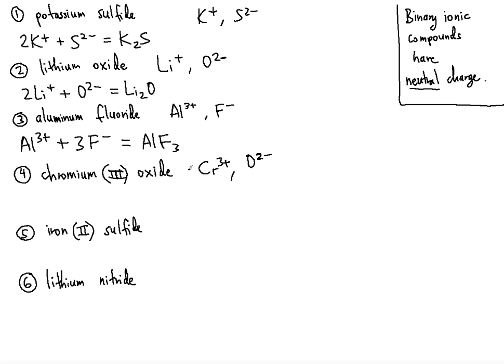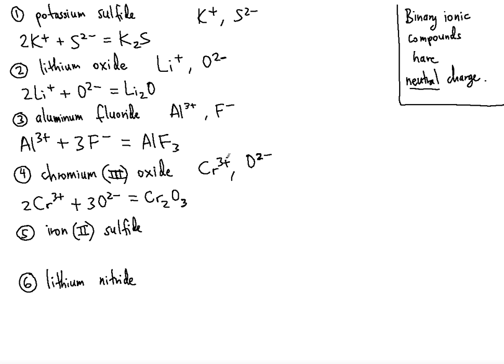So for every 2 chromium ions you will need 3 oxygen ions. So 2 Cr 3 plus, 3 O 2 minus, that will give you Cr subscript 2 O subscript 3, and that is called chromium 3 oxide. And don't confuse this 3 with the subscript 2 that we have.